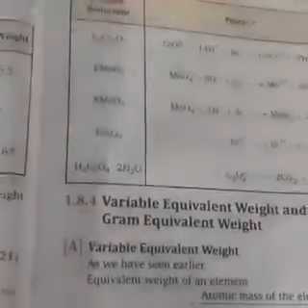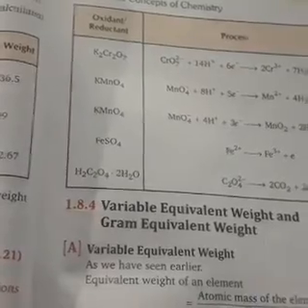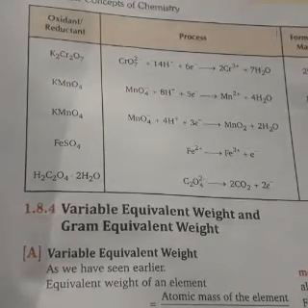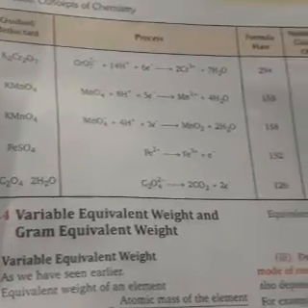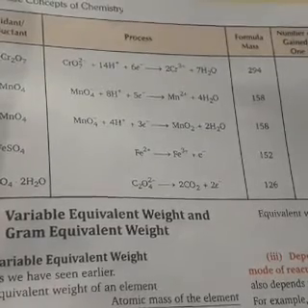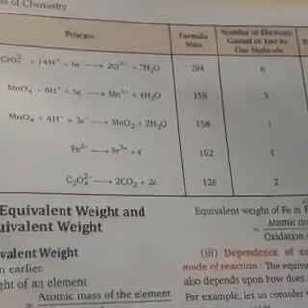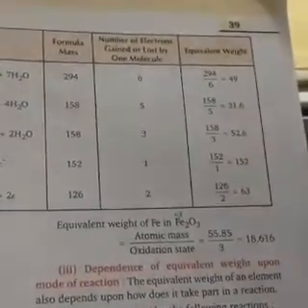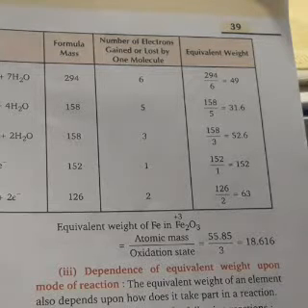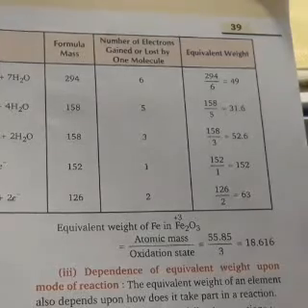Now in the second case, KMnO4 transfers 3 electrons: MnO4- + 4H+ + 3e-. So the formula mass is the same 158, but the number of electrons transferred is 3. So 158 divided by 3 is 52.6. So the equivalent weight of KMnO4 in this second case, where the number of electrons transferred is 3, is 52.6. Clear?